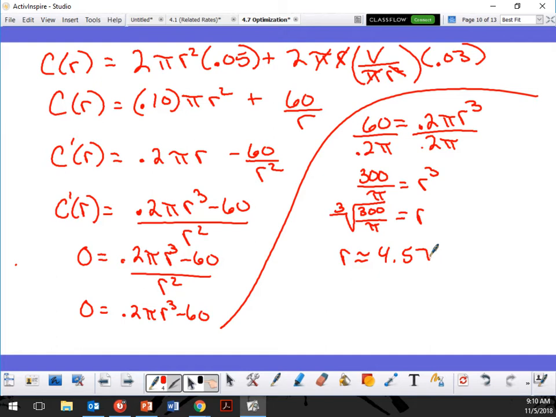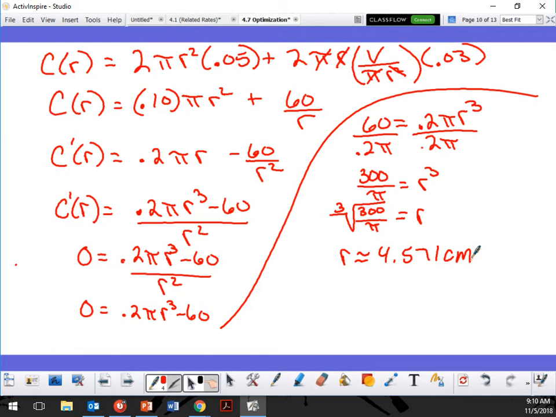What's the next number? 1, so 4.571. There we go. What are my units? Centimeters. And the cost is going to be about 20.